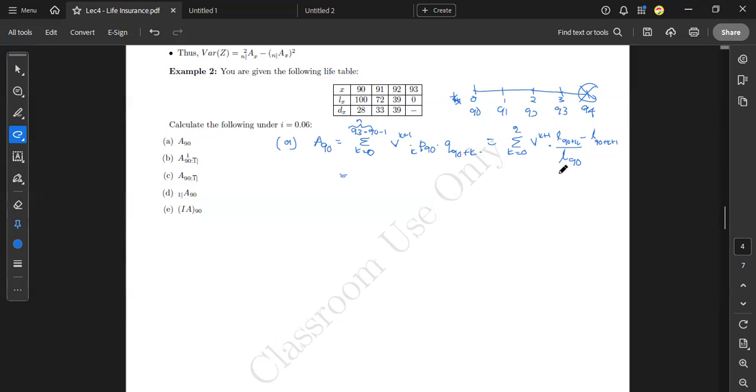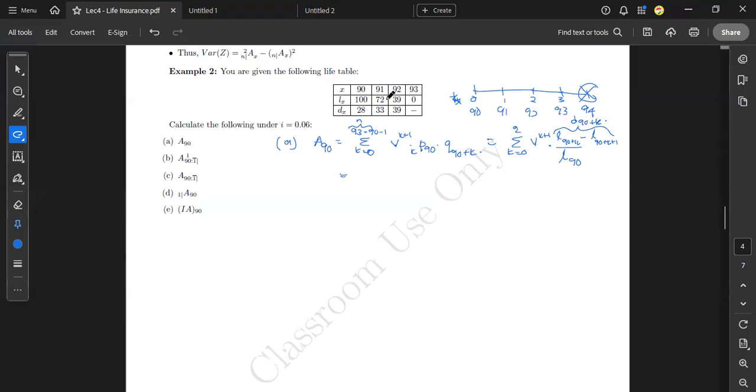So we can get this entire thing as D of 90 plus K. Because if you subtract 72 from 100, it's 28.